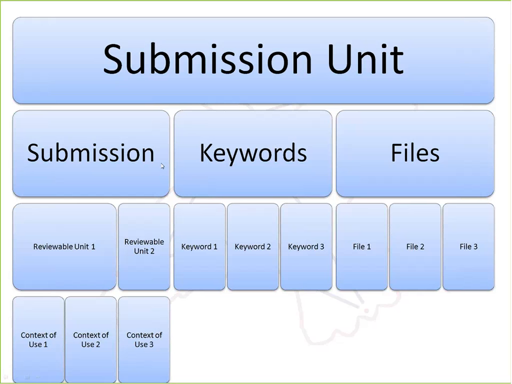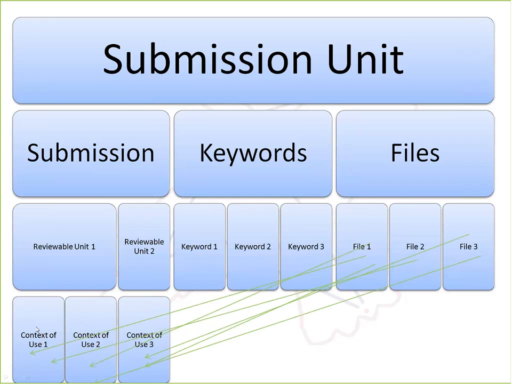You've got your keywords, where each one is defined, and you've got your files. Now, context of use can refer to keywords, as many keywords as you want. And so each context of use is one collection of files, one set of leaves, one leaf.